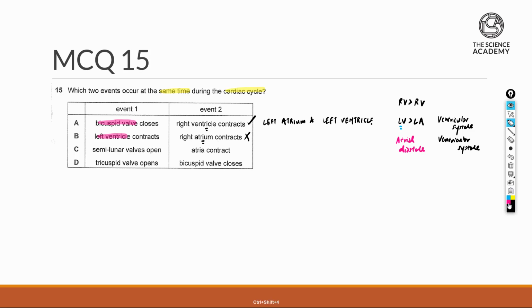For part C here, the semilunar valve opens. Now the semilunar valve is a valve that is found between two areas. One of them is found between the left ventricle and the aorta. The next set, the semilunar valve, is found between the right ventricle and the pulmonary artery.